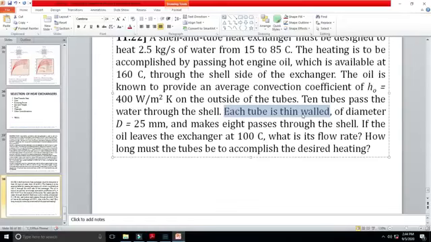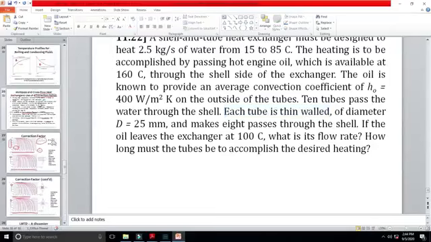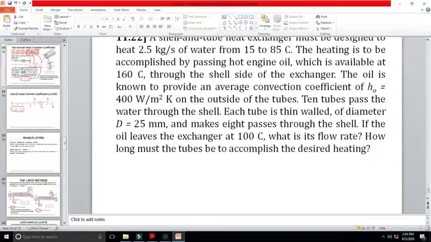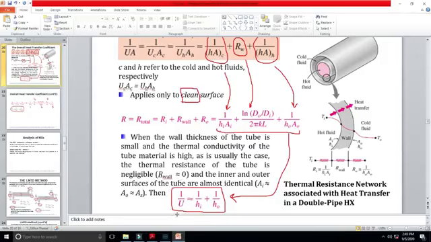So we would be neglecting the resistance of the pipe material. So since we are neglecting the resistance of the pipe material, we will then write it in this form, where this log of R naught over Ri divided by 2 pi KL will get cancelled out. So it would be 1 over Hi Ai plus 1 over H naught A naught.